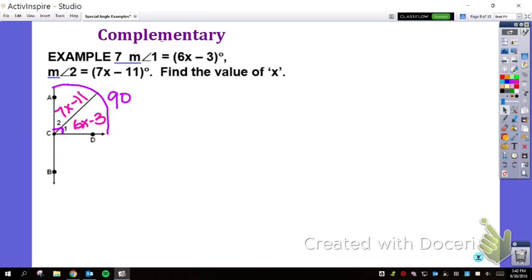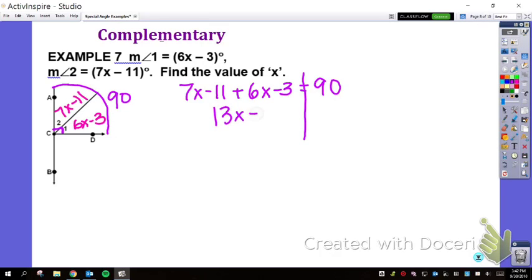Now, yes, I know you're thinking, well, aren't those perpendicular lines? Well, AC and CD would be perpendicular lines, but the combination of two angles together makes complementary angles. So we're going to say 7x minus 11 plus 6x minus 3 equals 90. We're going to combine like terms: 13x minus 14 equals 90.